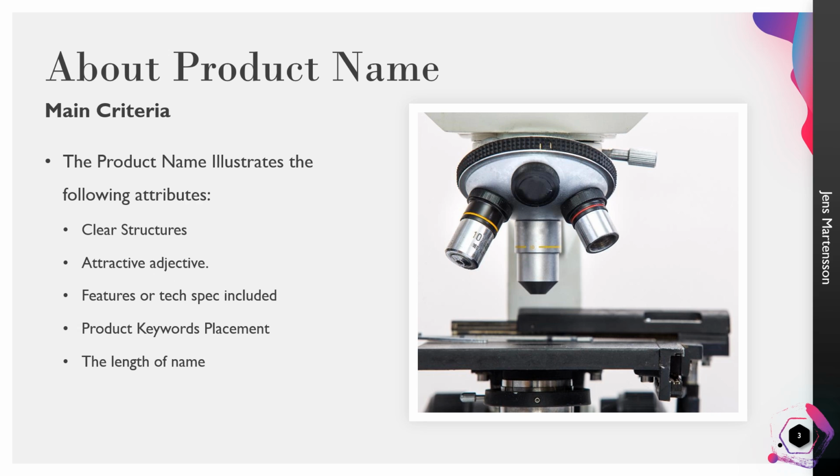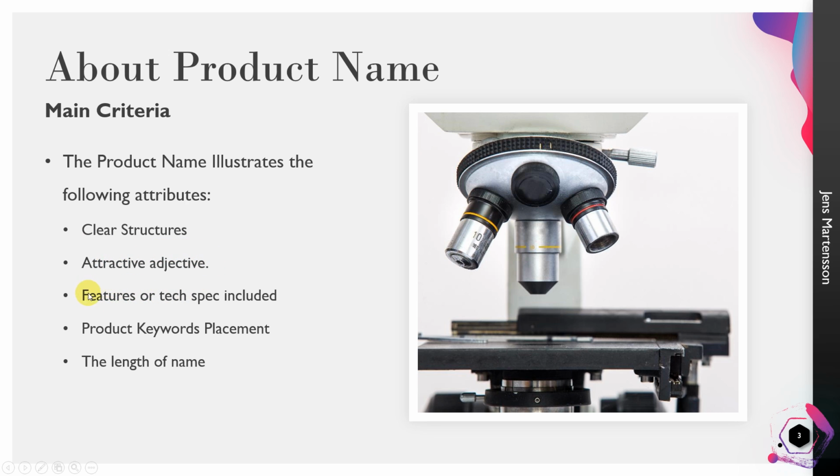So I listed some of the main criteria that I think are very important in order to have a good product name. The first one is that it needs to have a clear structure, and secondly it needs an attractive adjective.